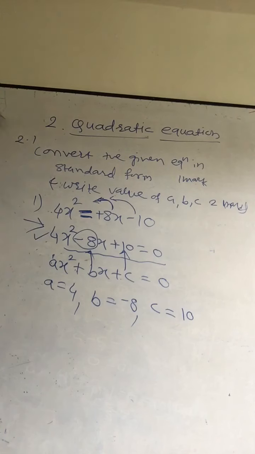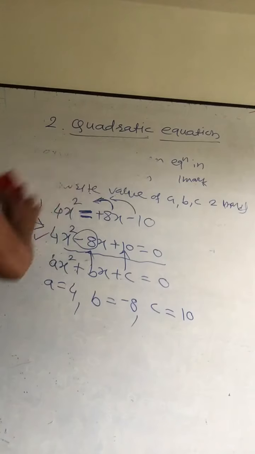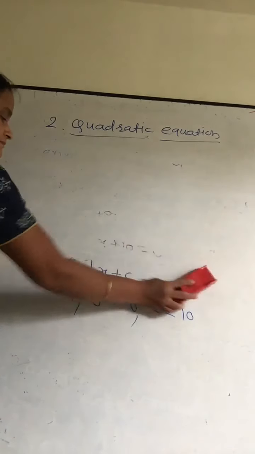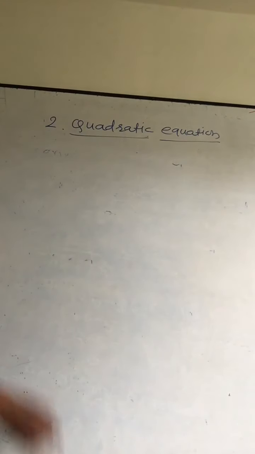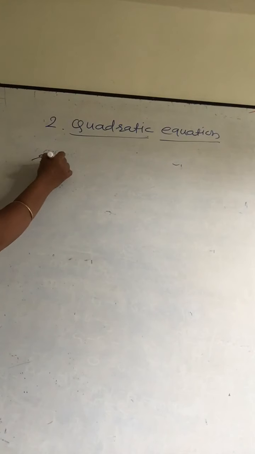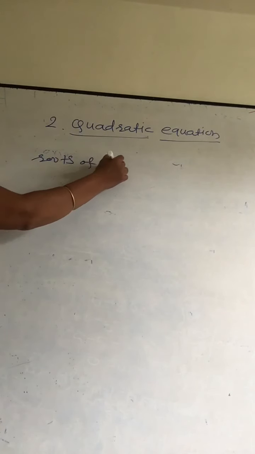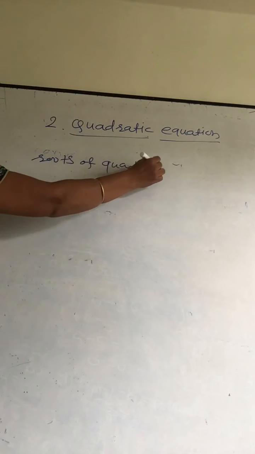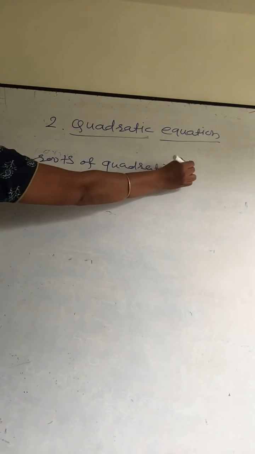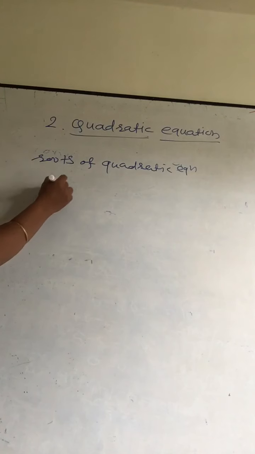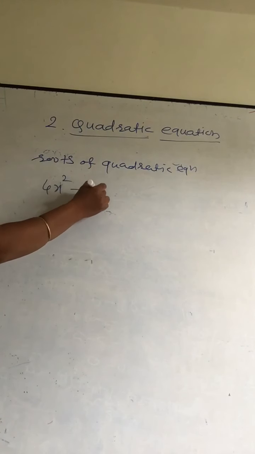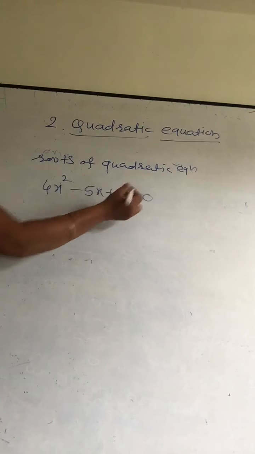One thing is remaining, that is roots of the quadratic equation. Suppose 4x square minus 5x plus 6 is equal to 0.